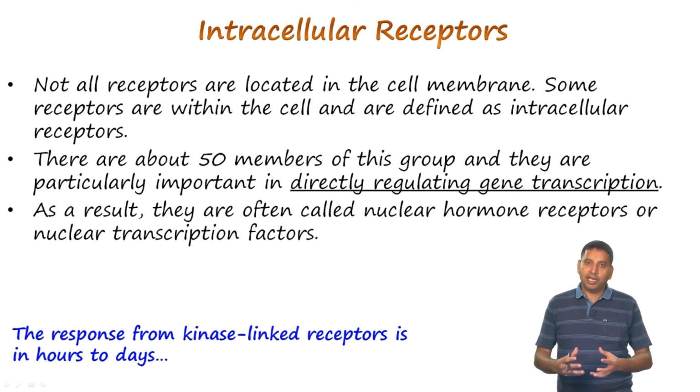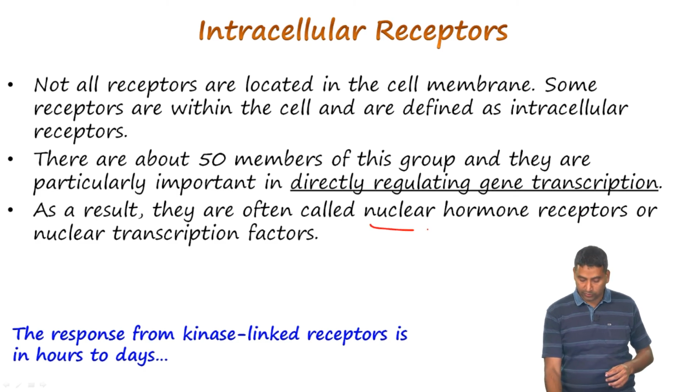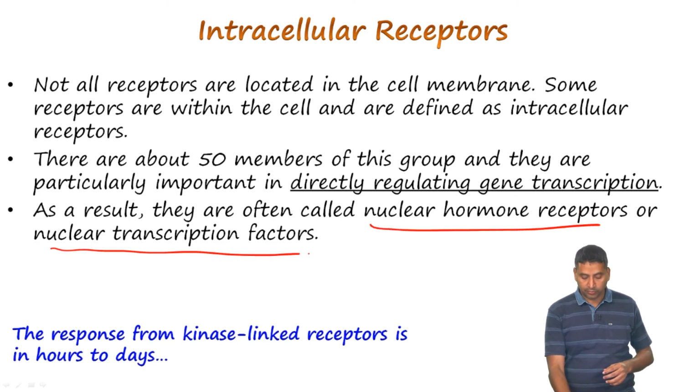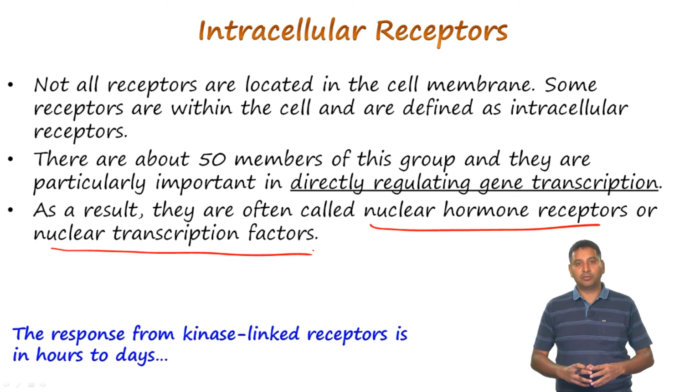To recap, gene transcription is a process wherein something goes and binds to DNA inside the cell and initiates the transcription process. These are sometimes called nuclear hormone receptors or nuclear transcription factors. The response from these intracellular receptors is in hours to days.